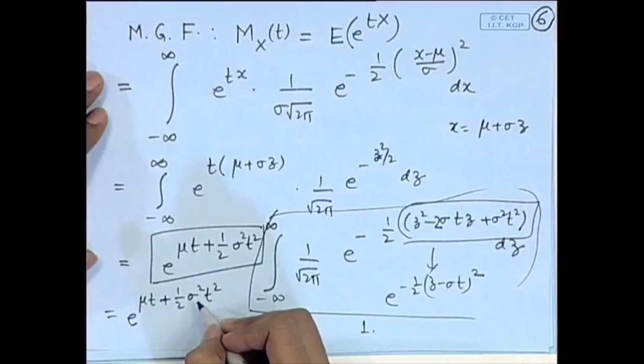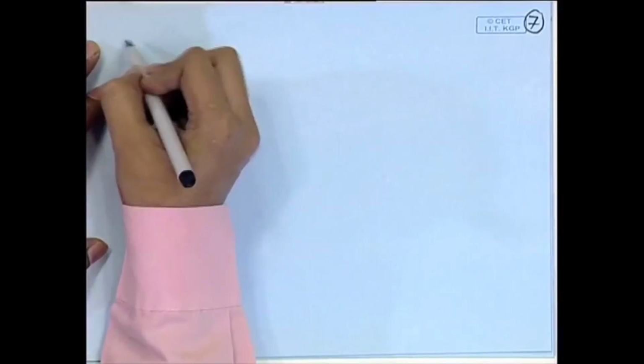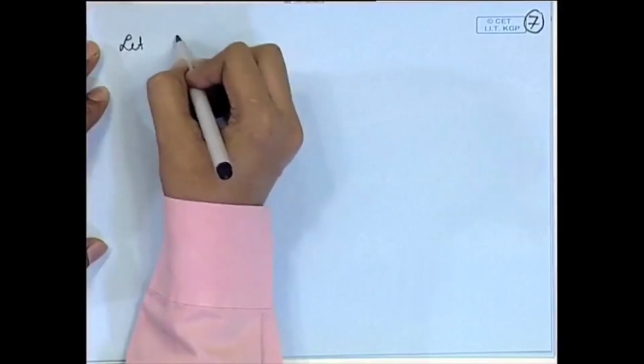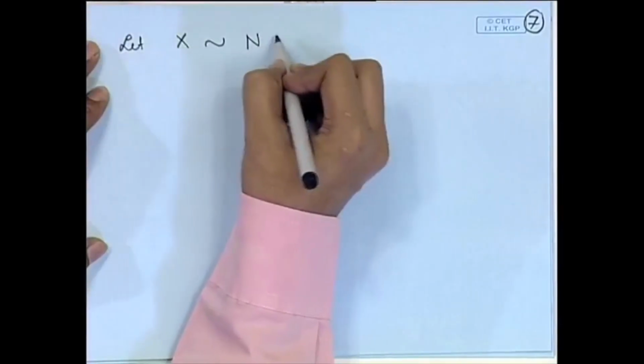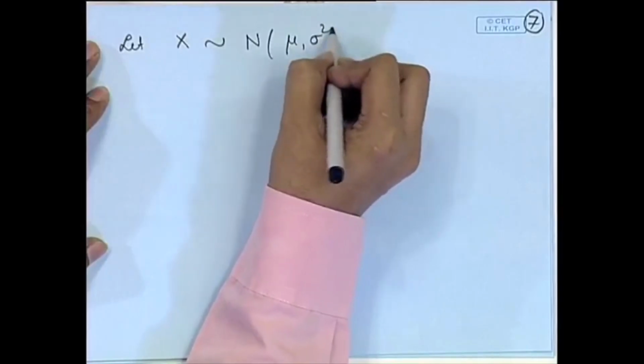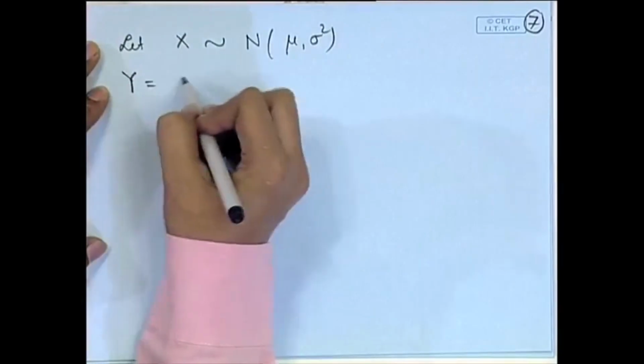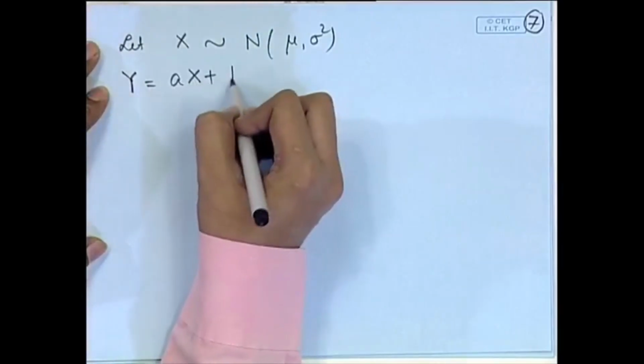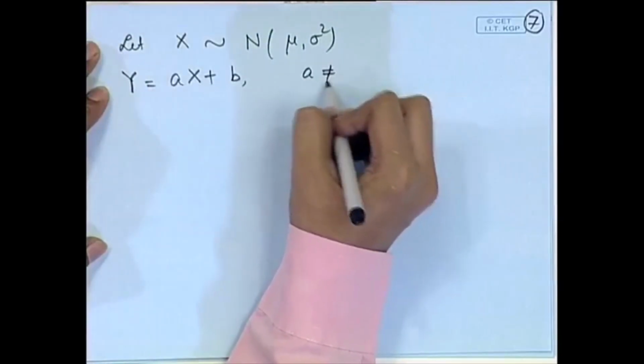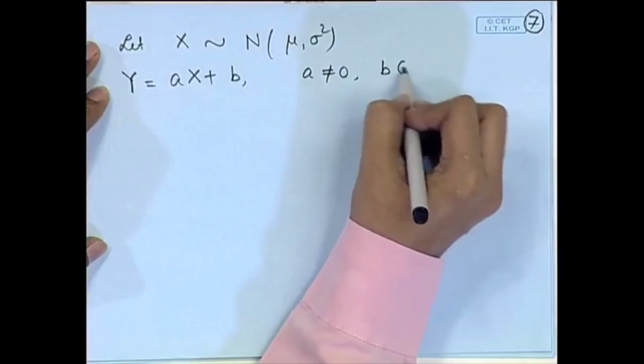Using the moment generating function of a normal distribution, we can prove an interesting feature. So let x follow normal mu sigma square. Let us consider y is equal to say a x plus b, where a is any non-zero real and b is any real.